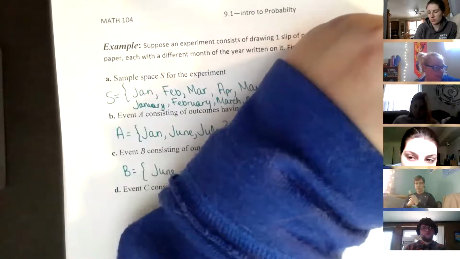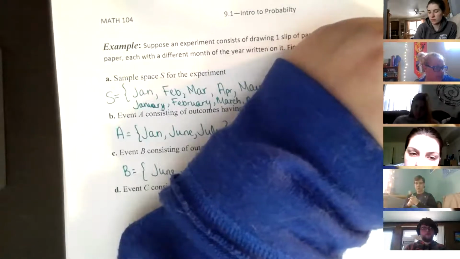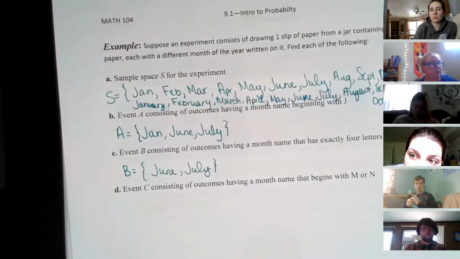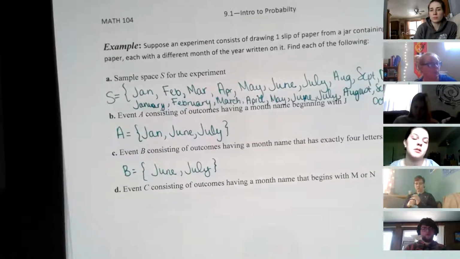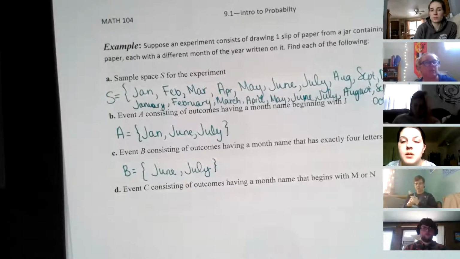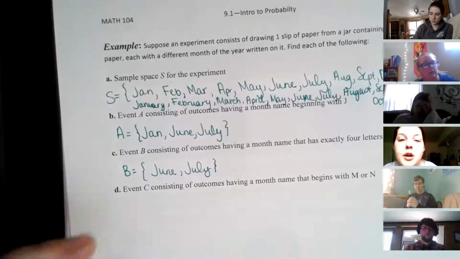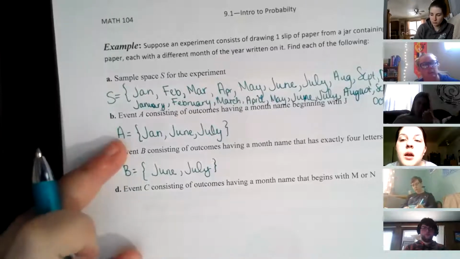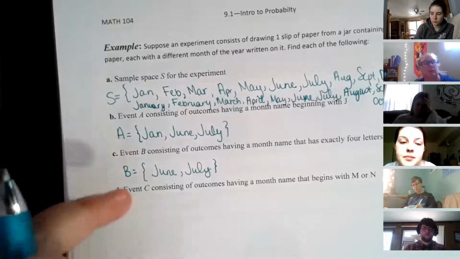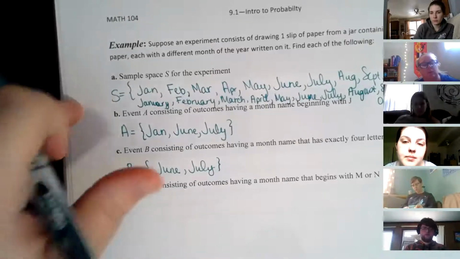So why are we writing the names down instead of doing like 3 out of 12? Because we want to write out the sets, not the probabilities yet. When we talk about the probabilities, the 3 out of 12 will come into play. That's where we compare the size of the event set to the sample set.